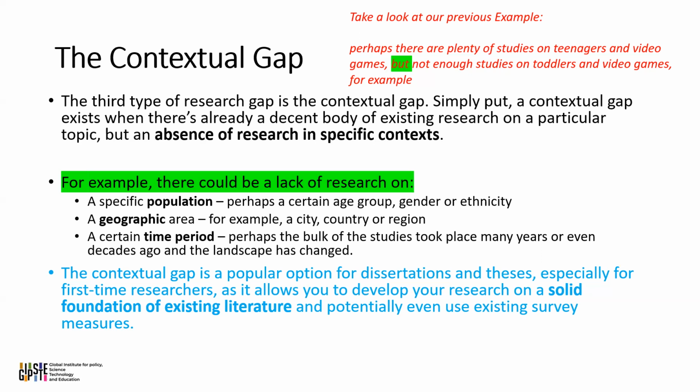The contextual gap is a popular option for dissertations and theses, especially for first-time researchers, as it allows you to develop your research on a solid foundation of existing literature and potentially even use existing survey measures, because most students rely on the contextual gap, okay?